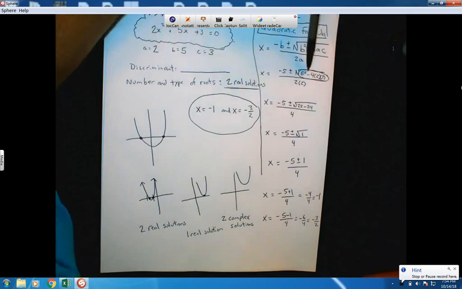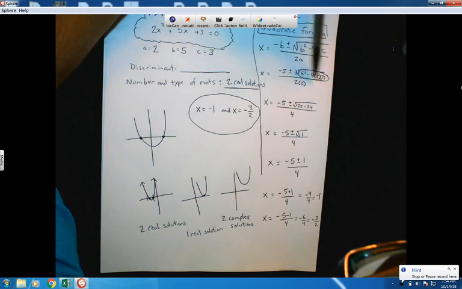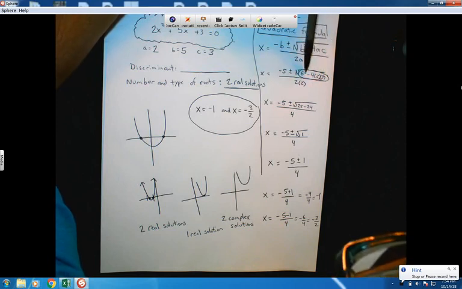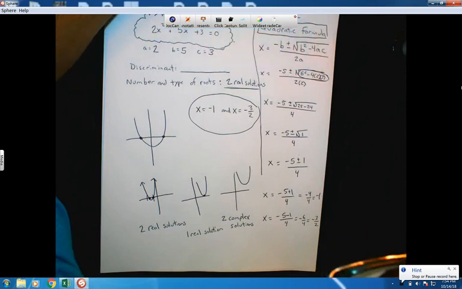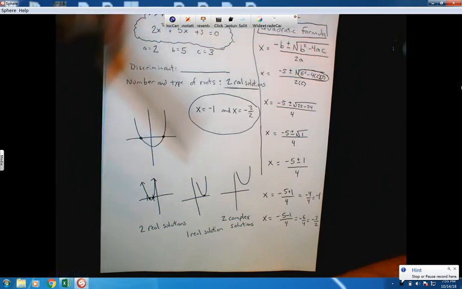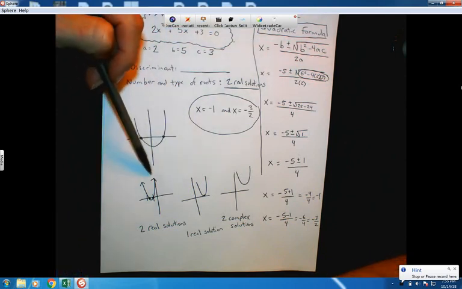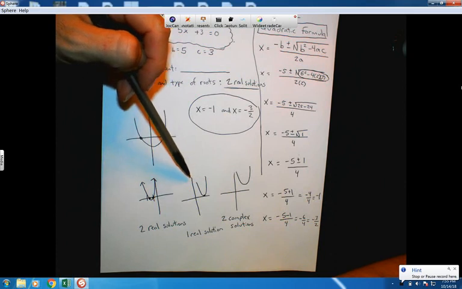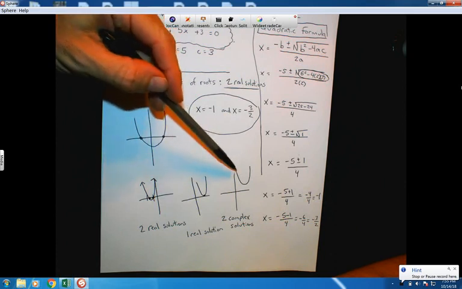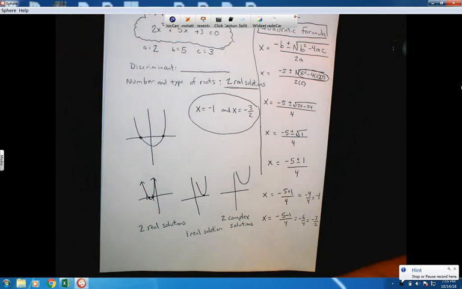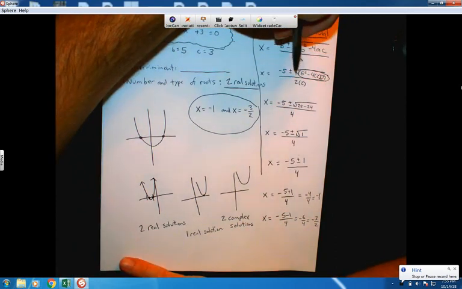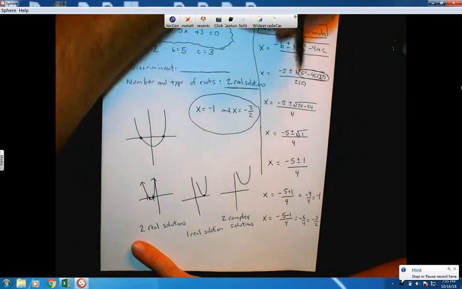A while back, I circled all of this stuff right here that was under the square root. Everything that's under the square root there is called the discriminant. If you just focus on that stuff that's circled there, you can know whether it's going to look like this one, 2 real solutions, this one, 1 real solution, or this one, 2 complex solutions.